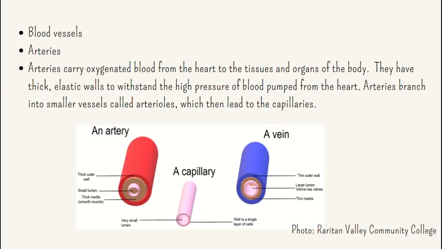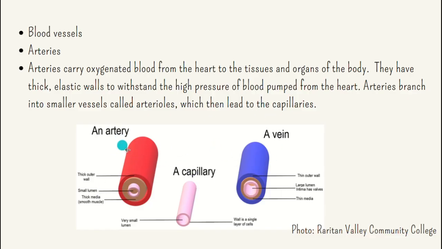Now, in order for the blood to circulate all over the body, we have different blood vessels, and they are arteries, veins, and capillaries, right? In their structures, they are very different, right? And there's a photo right here comparing the three of them. So we can see an artery, we can see the vein, and then the capillary.